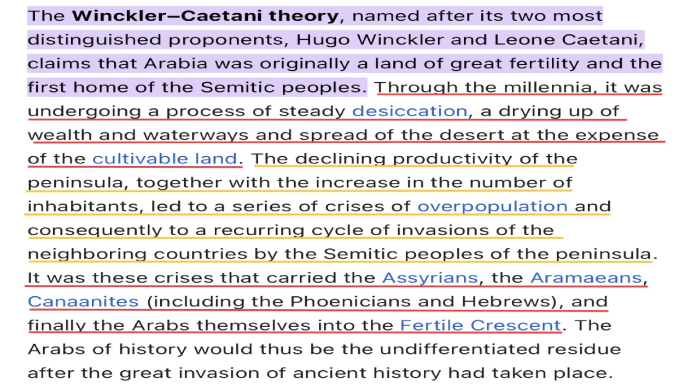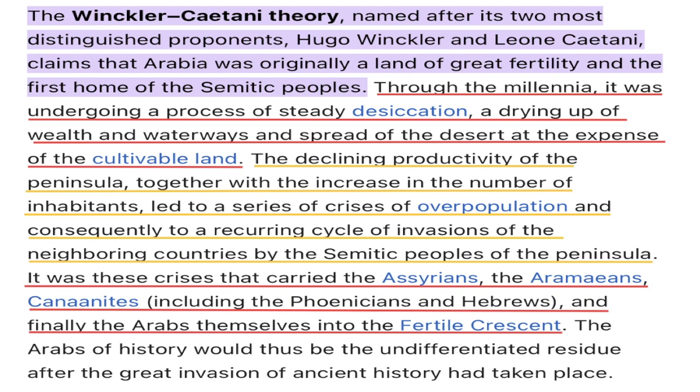The declining productivity of the peninsula, together with the increase in the number of inhabitants, led to a series of crises of overpopulation and consistently to a recurring cycle of invasions of the neighboring countries by the Semitic peoples of the peninsula.